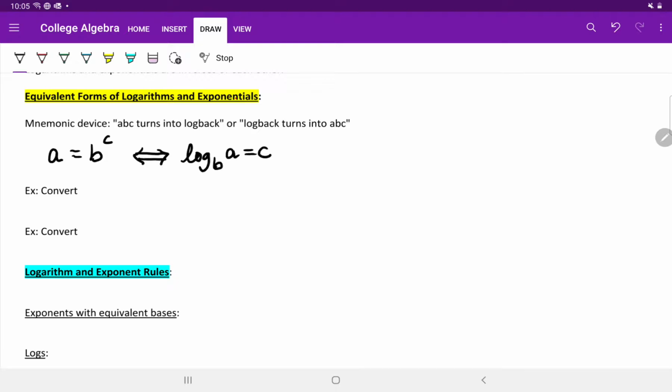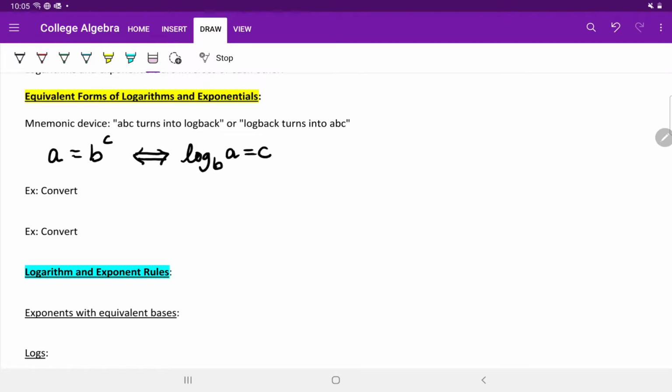This probably looks like a foreign language right now, but the way I remember what order the different pieces go in is: ABC turns into log back. You can see ABC turns into log back.